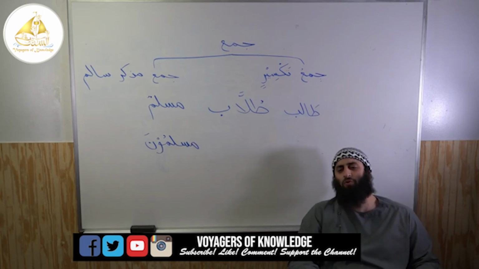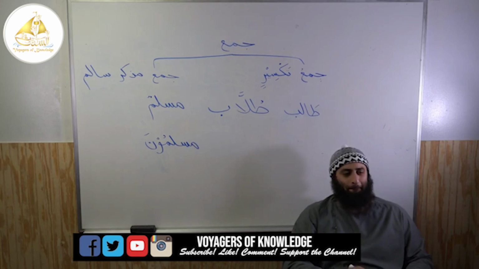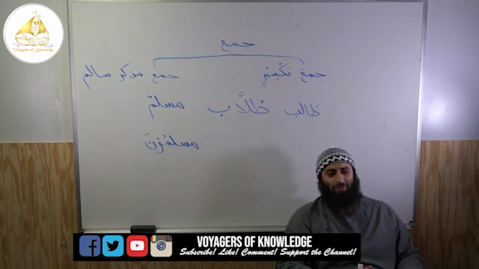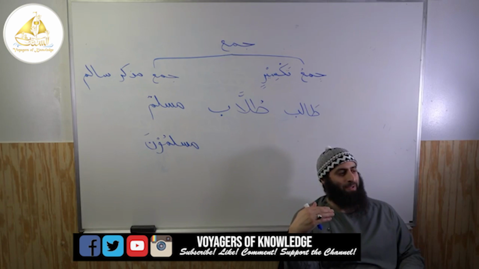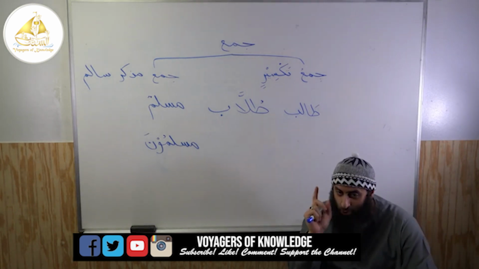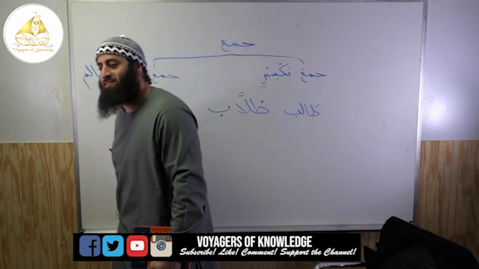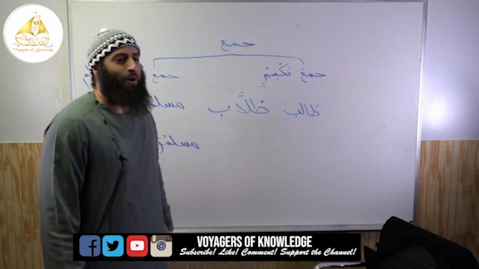ضيوف. What's the meaning of ضيوف? Plural of old? No. What's ضيف? It's when you have somebody come to your house. Company. No, that's ضعيف. ضعيف is weak. ضيف is when you invite somebody to your house. He is a what?